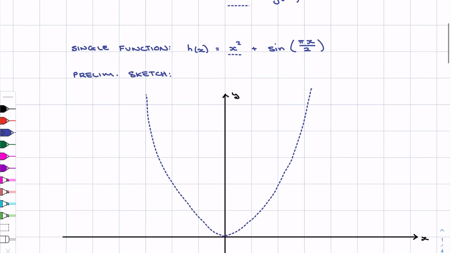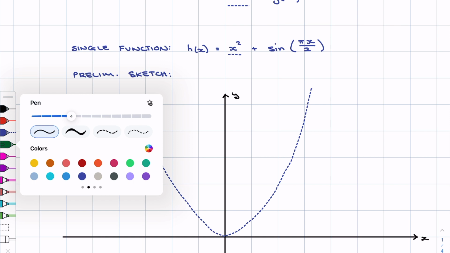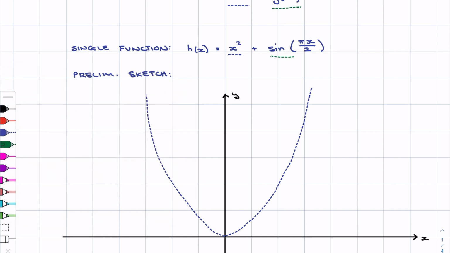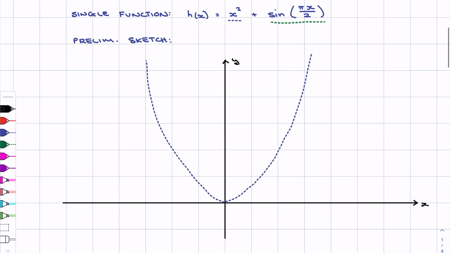And then I'm going to focus on sketching g(x). So g(x) I'm going to sketch in green. This is the sketch of sine of pi x on 2. I'm going to note here that the period of that sine of pi x on 2 is going to equal 4.